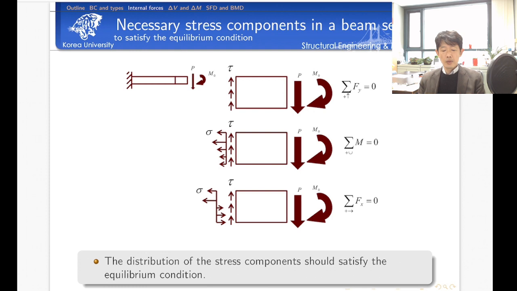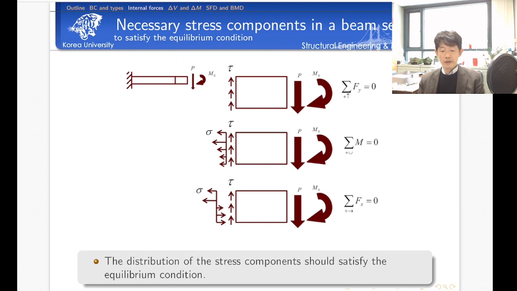And then we have a free end here. At this free end, we want to consider 2 different kinds of external loads. I want to consider one concentrated load and a moment load here to consider general load conditions. Here we want to consider the cross section where we check the force equilibrium.